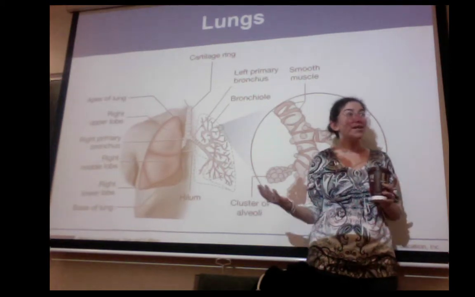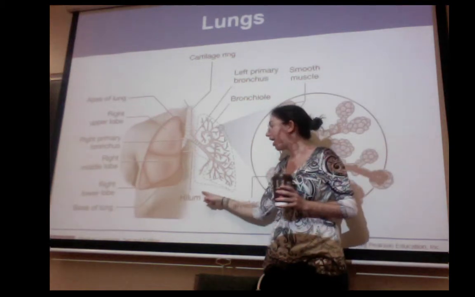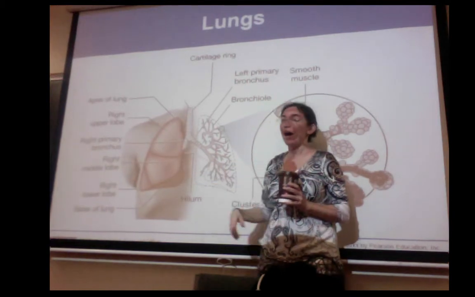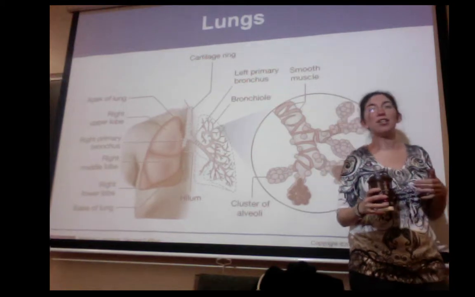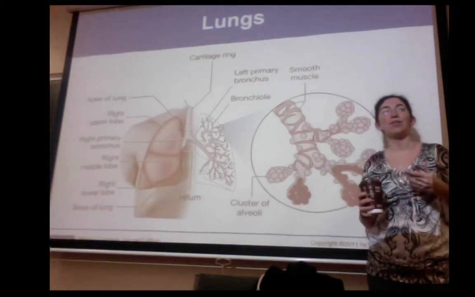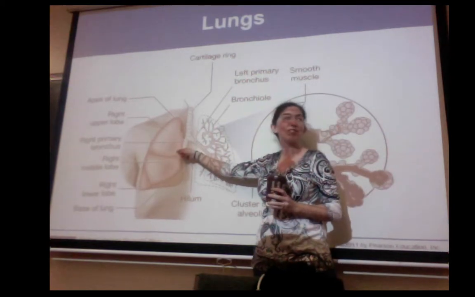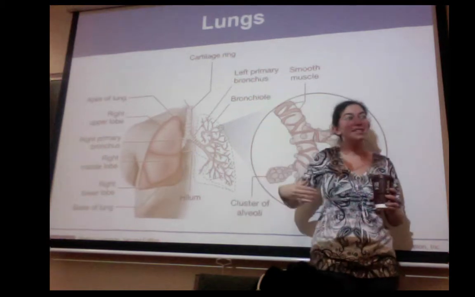Another vocabulary term that I'll point out on this slide is this one here, hilum. All right? The hilum is right here. Hilum is a term that basically means an indentation in an organ where tubes enter or exit it. So where the bronchus enters the lung tissue is called the hilum. There's an indentation there.